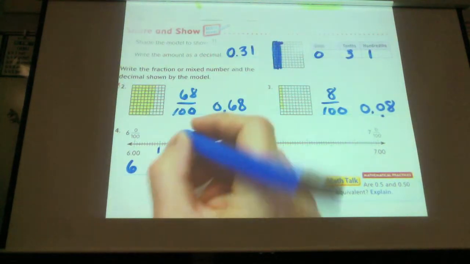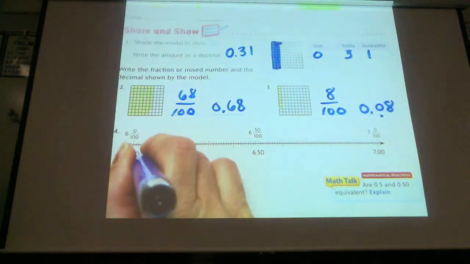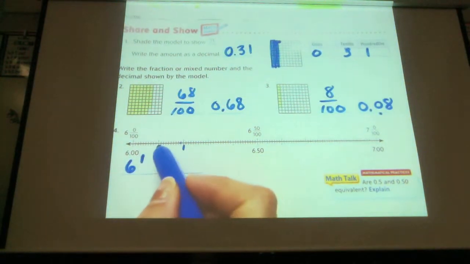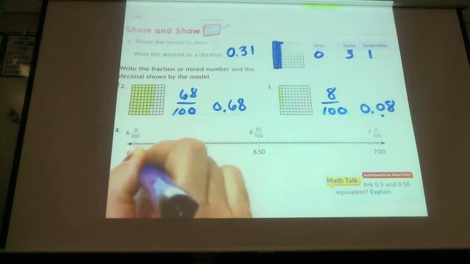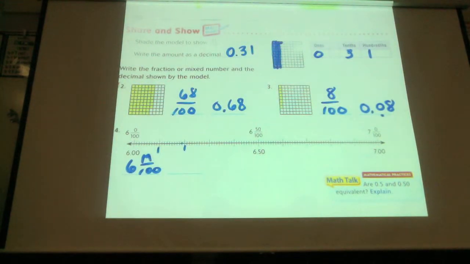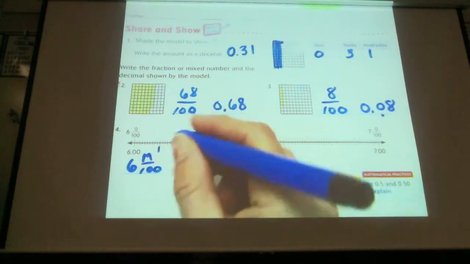No. Here's 20 hundredths. Am I to the 20 hundredths? No, I'm not there yet. So I had 10, so I'm going to put I know there's 10. Then I'm going to count 1, 2, 3, 4, 5, 6, 7, 8, 9. 19 hundredths. Or 6 point what, class?